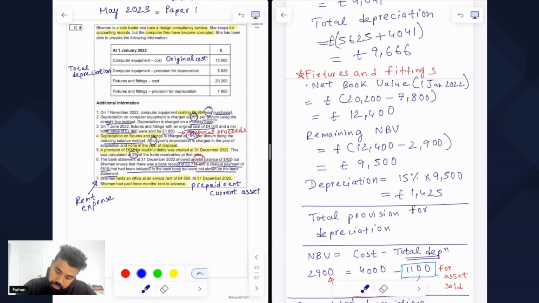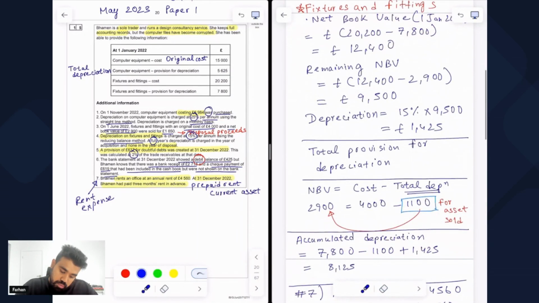All right. Now, there are more complications that we need to work with. As I've mentioned, you're in A-levels, so it won't be easy. It won't be straightforward. They will have some complications in the questions here and there, so that way they can challenge you. So what we know is that if you want to find the net book value at a given point in time, you can simply start with the original cost of the asset and then subtract the total depreciation for that asset.